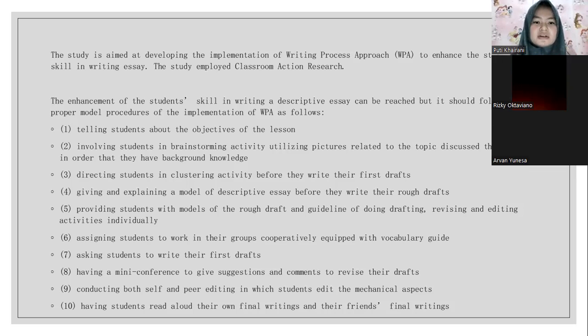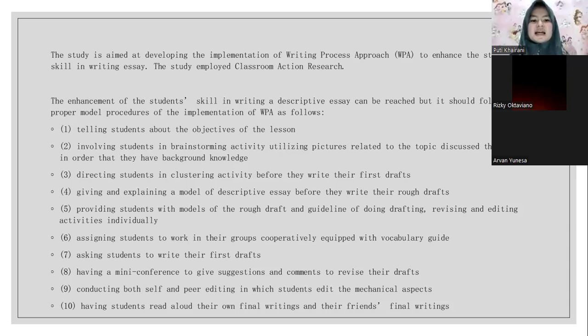First, telling students about the objective of the lesson. Second, involving students in a brainstorming activity utilizing a picture related to the topic discussed through LCD in order that they have background knowledge. Three, directing students in a clustering activity before they write the first draft.